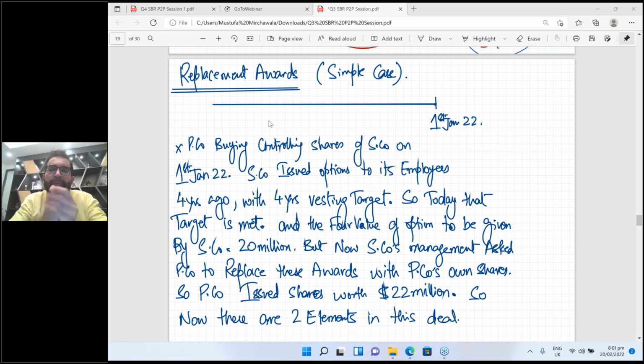So this is pure IFRS 2 and it should be recorded in the group books as IFRS 2 equity settled share based payment.